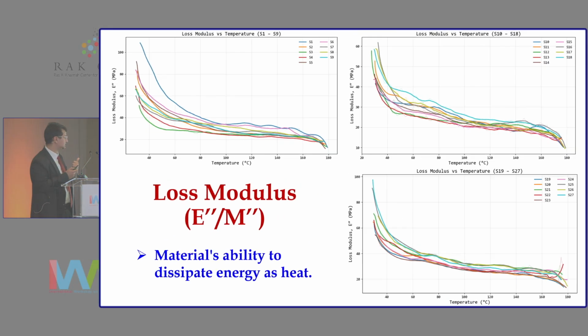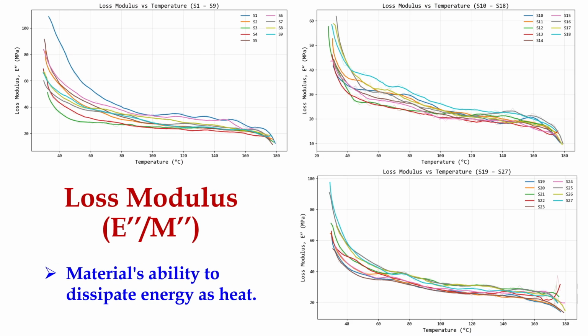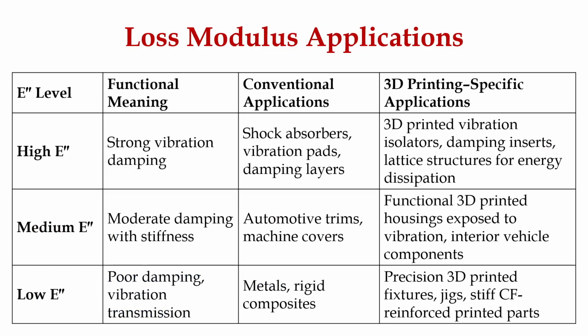Similarly, loss modulus is the material's ability to dissipate energy as heat. If you have seen car shock absorbers, when you sit in the car and you face any breakers, the shock absorbers release the energy in the form of heat, so you feel very little on the breakers.